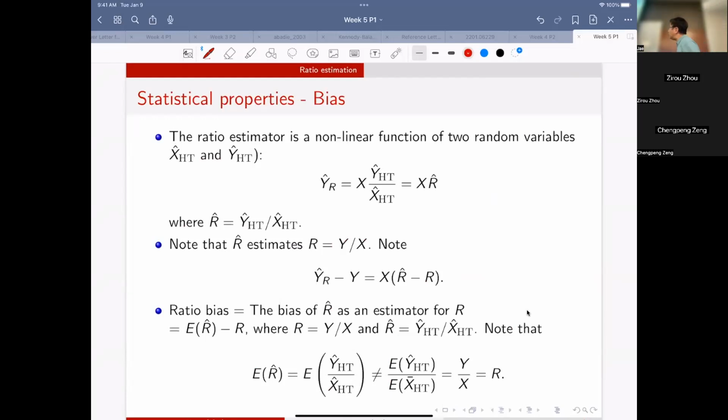So the first thing you note is that the ratio estimator is a nonlinear function of two random variables. Two random variables, right? They are two Hurwitz-Thompson estimators.